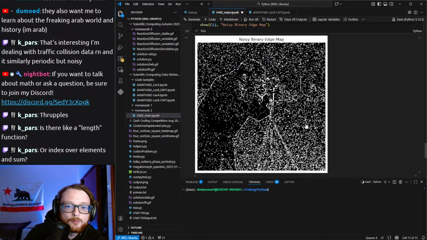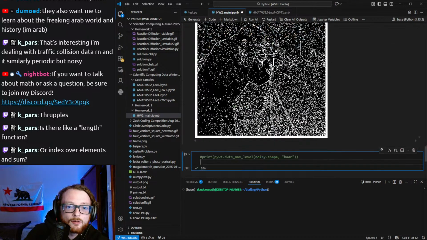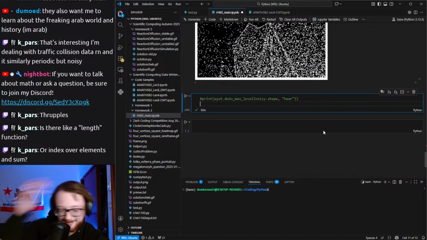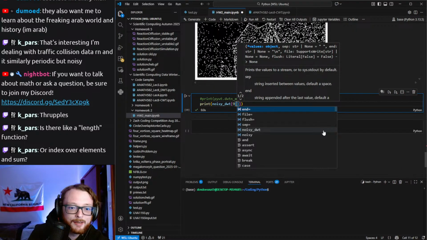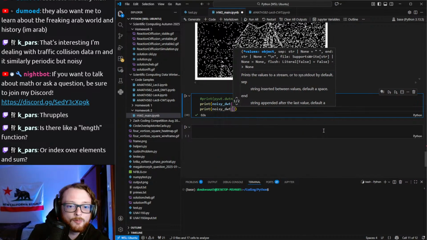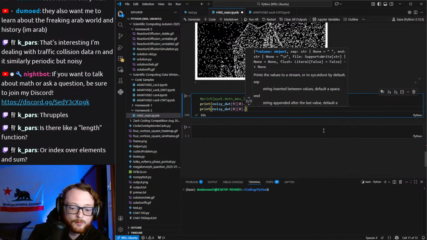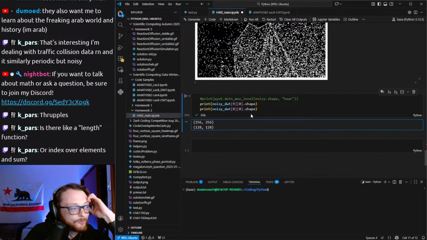There's another issue to deal with. I need to figure out how to say it. Print noisy DWT 9 0 dot shape. Print noisy DWT 8 0 dot shape. That's the issue. For each level you go down, you lose half of your elements. Like, each level is half the resolution of the last one.